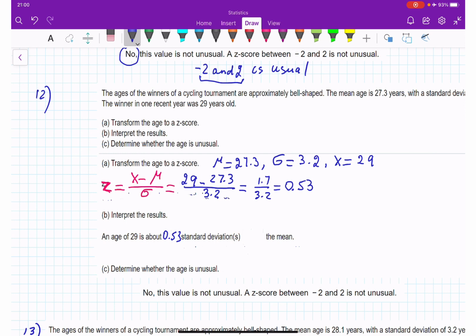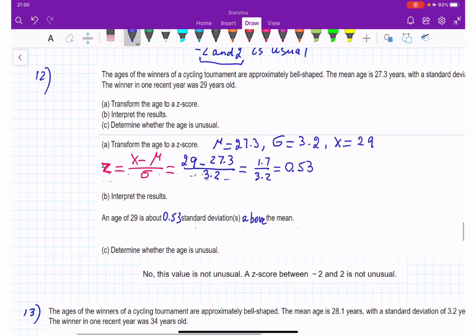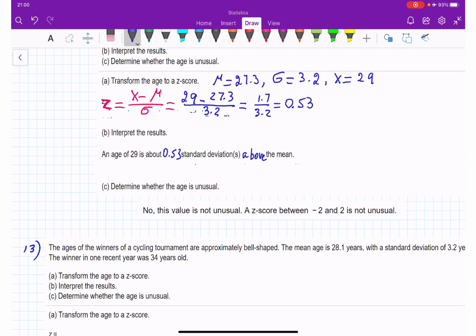If it's positive, then it's going to go above the mean, above average. Please watch the video so you can understand all this. Okay, determine if it's unusual. Of course it's not. We have 0.53, right? It's falling in the range between -2 and +2. Therefore, it's not unusual.